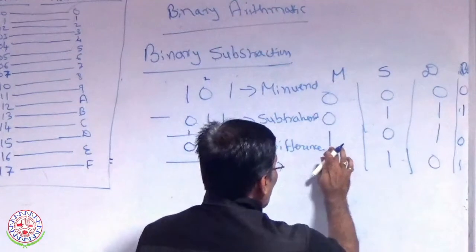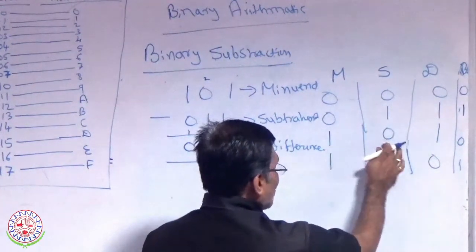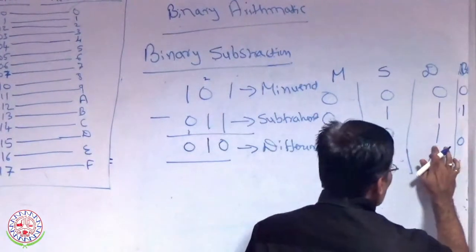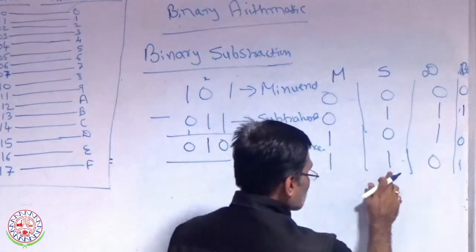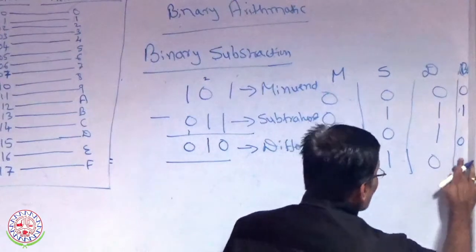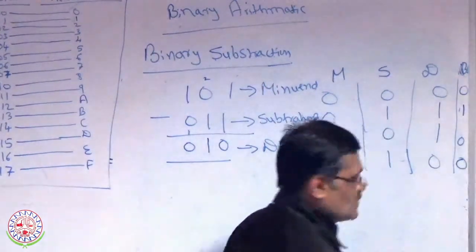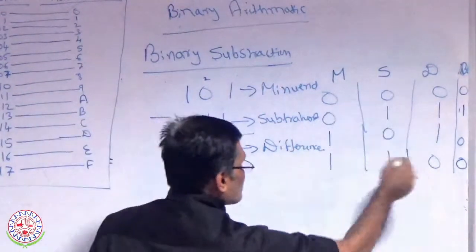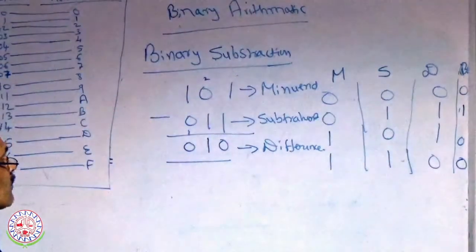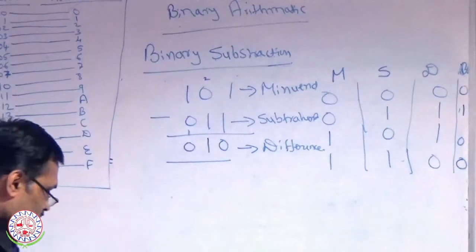The third option is 1 minus 0: the difference is 1, borrow is 0. And 1 minus 1: difference is 0 and borrow is also 0. So this is the chart you need to look at when you are carrying out binary subtraction.